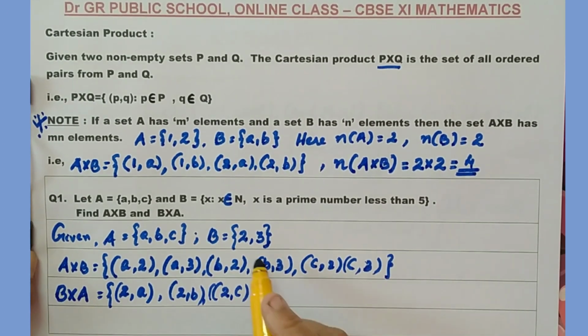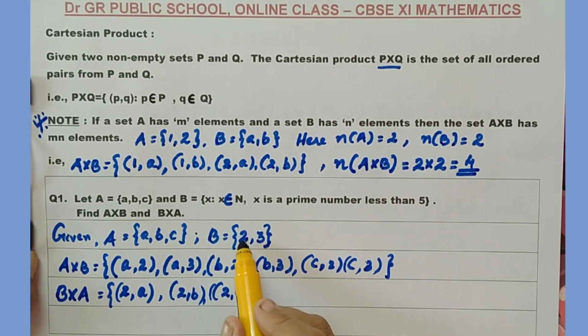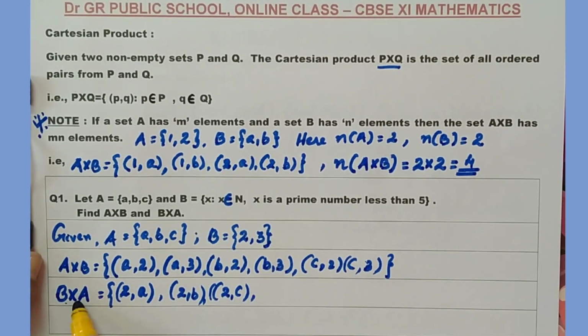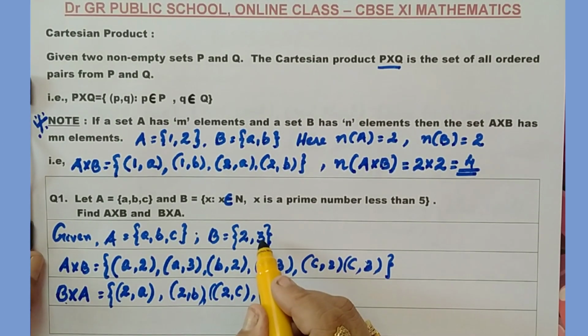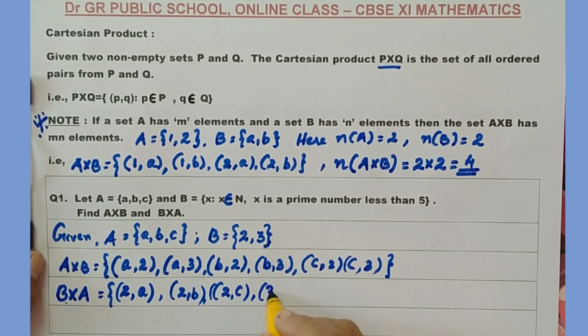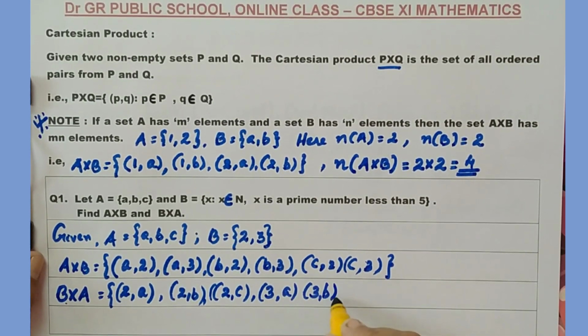These are the combinations you can take from the first element of B, that is 2. Then for B cross A, I need to take the second element of B, that is 3: (3,a), (3,b) and (3,c).